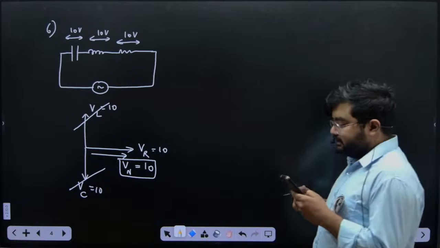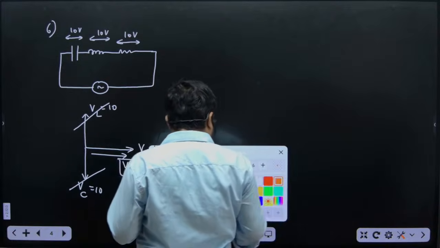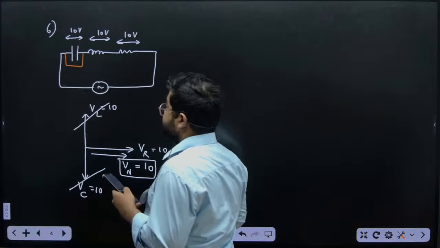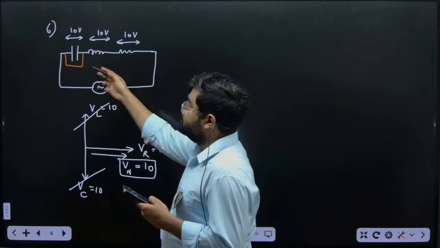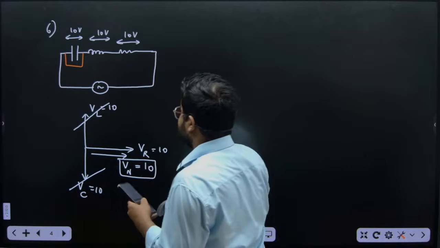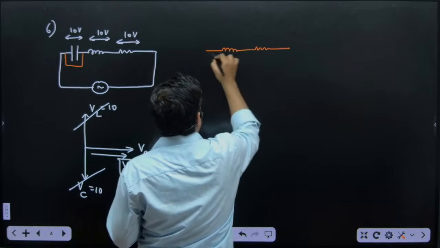Now the capacitor is short circuited, so there is no voltage drop across it, and we have to ignore the capacitor. It is just an LR circuit now. The circuit now becomes something like this.